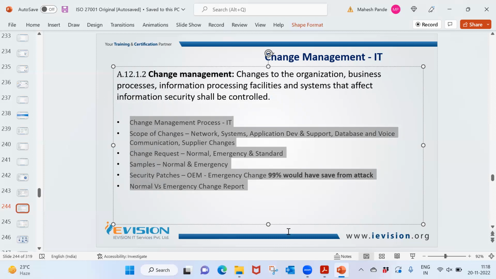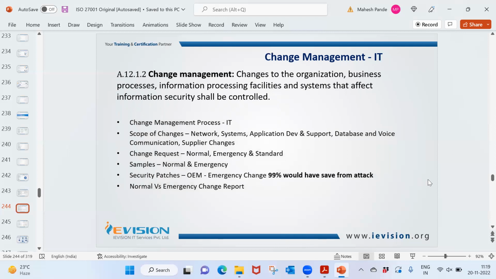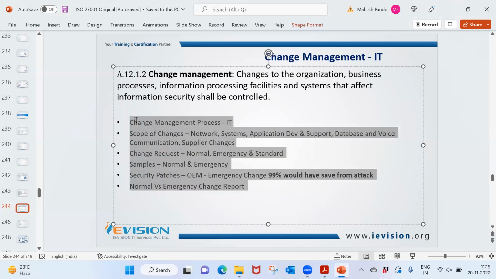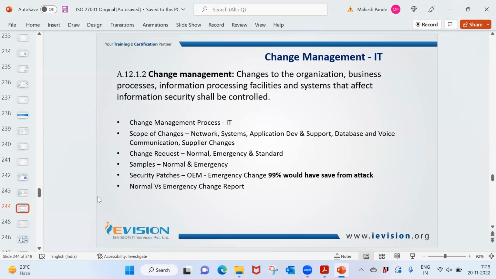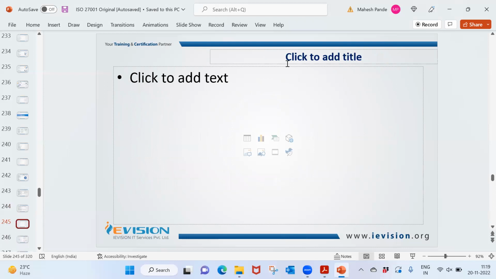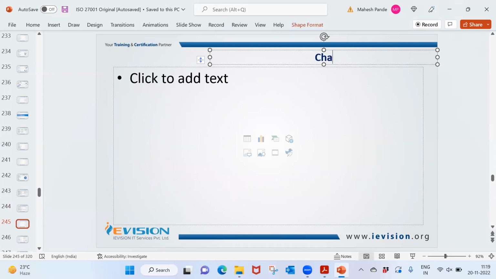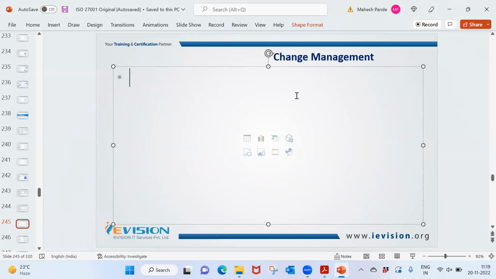Is anyone aware how the IT change management process works? Snehal? I have some idea, sir. Okay, great. Wonderful. Can you give me some steps of change management? We can make a note of that. So one is initiating the change, then submitting it to the CAB or ECAB depending on the emergency.